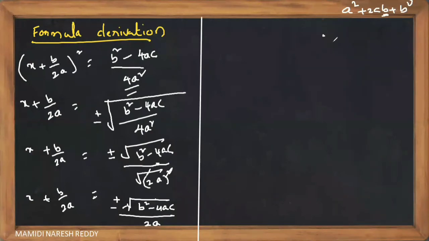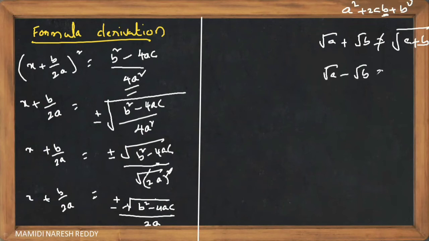Under root of a plus under root of b is not equal to under root of a plus b. Even with minus, under root of a minus under root of b is not equal to under root of a minus b. So we proved that also there. So we can't distribute the square to the two terms of b square minus 4ac. Got it, my dear students? Yes, sir.